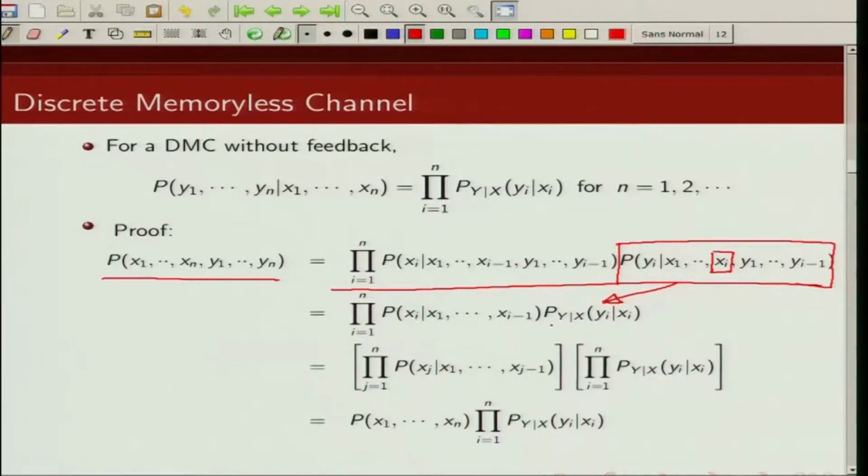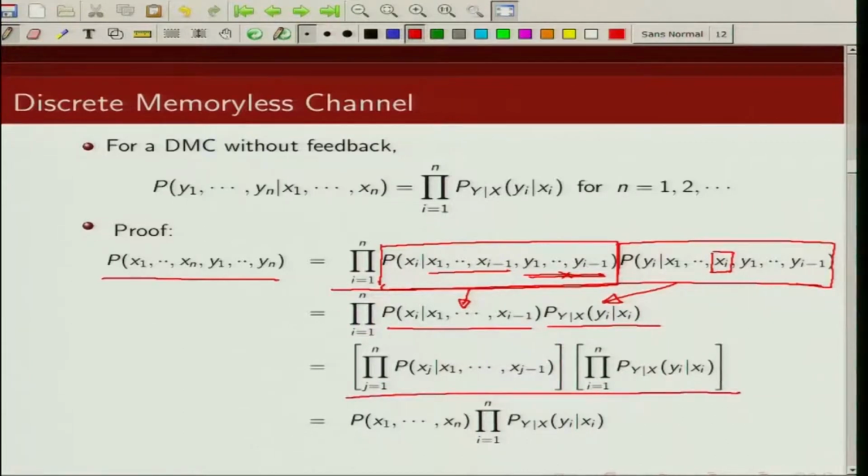So this term can be written in this particular fashion, and since we are talking about a discrete memoryless channel without feedback, this term can be written similarly. The probability of x_i given x_1, x_2, ..., x_{i-1} and y_1, y_2, ..., y_{i-1} does not depend on the outputs, it only depends on the past inputs. So I can then write it in this particular form.